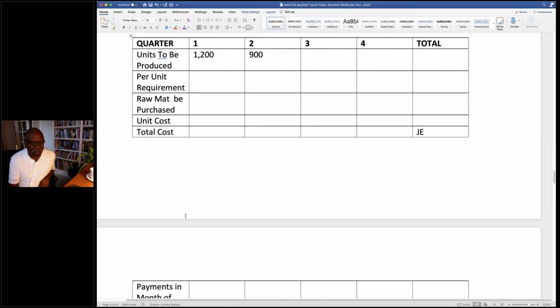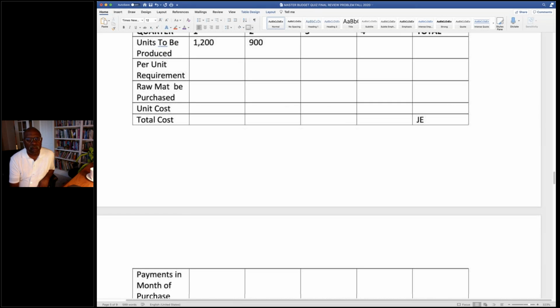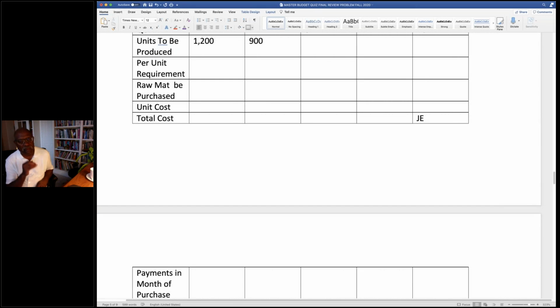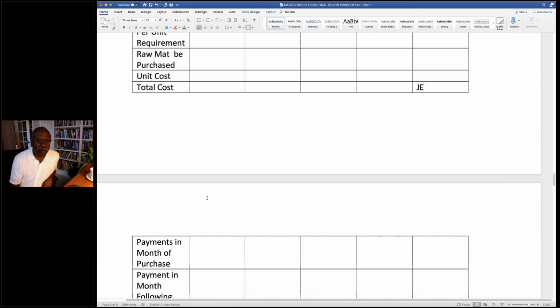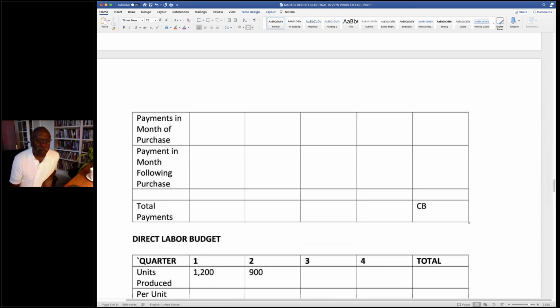So on my total payment, did anyone get 13,500 for the total payment? Yeah, I did too. That's what I got. Everybody got 13,500.